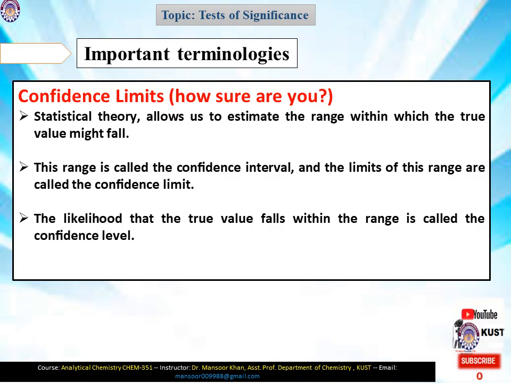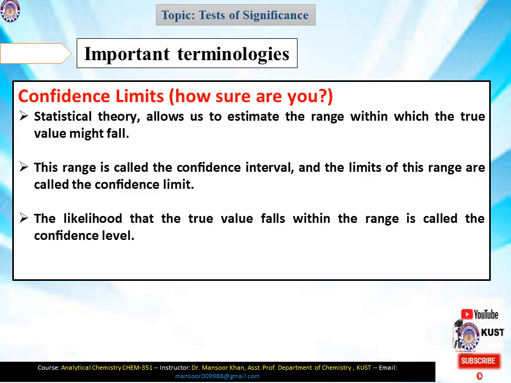Remember one thing: with an increase in the confidence interval, the probability of presence of the true value or accepted value is high. So when we increase the interval, then the confidence level is also going to increase.